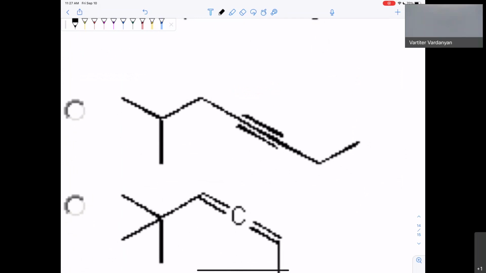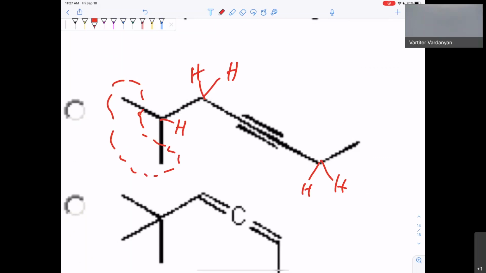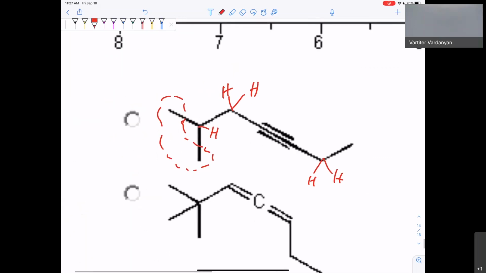Symmetry. Is there any symmetry here? There's partial symmetry. So these guys are symmetrical. So that's 1 signal, 2 signals, 3, 4. Oops, that's already too many. That can't be an answer.